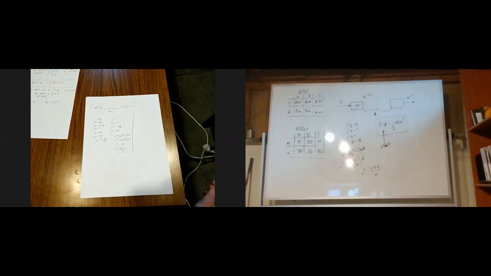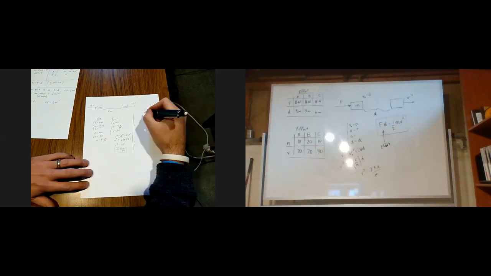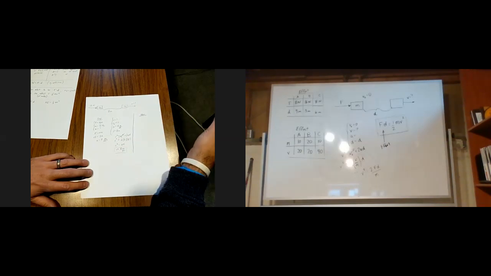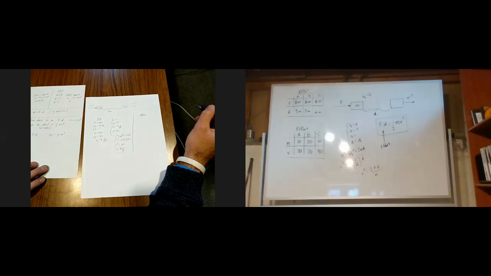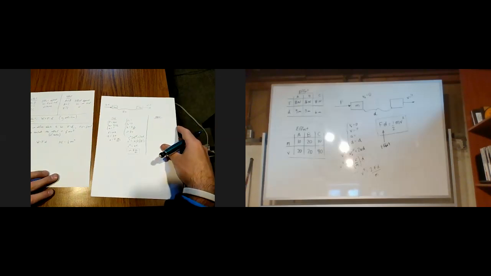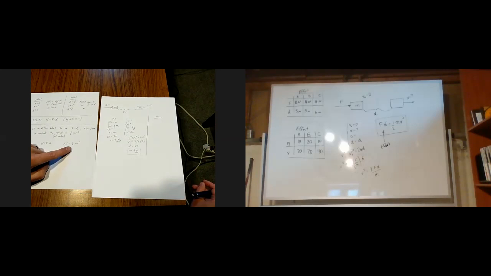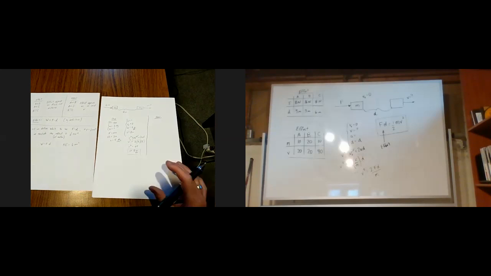The true test of our new idea is, does it give the same answer for the final velocity? So here's our new idea. Our new idea says that when you do work, or if you make an effort that can be quantified now as a force times a distance, an effect will be produced, and that effect will be the quantity 1/2 mv squared.